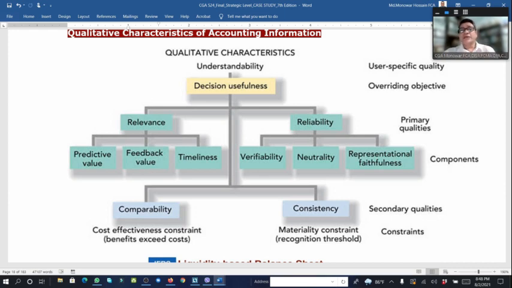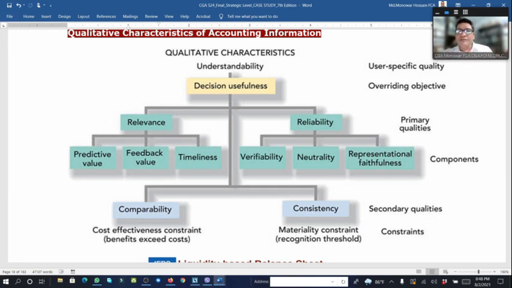So what is that? Understandability is the user-specific quality. Decision usefulness is the overriding objective. Relevance and reliability are the primary qualities. Predictive value, feedback value, timeliness, verifiability, neutrality, and representational faithfulness are components of good financial information.